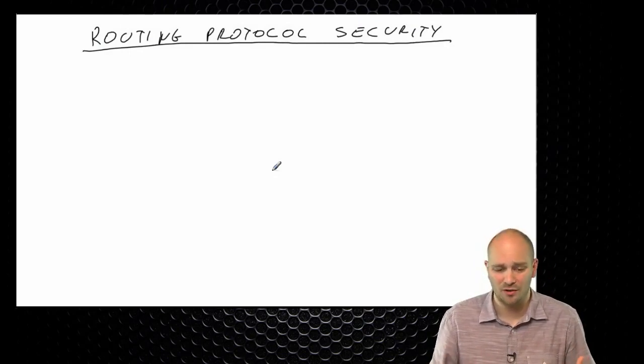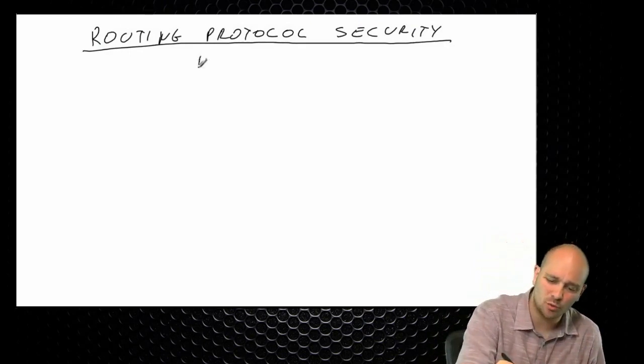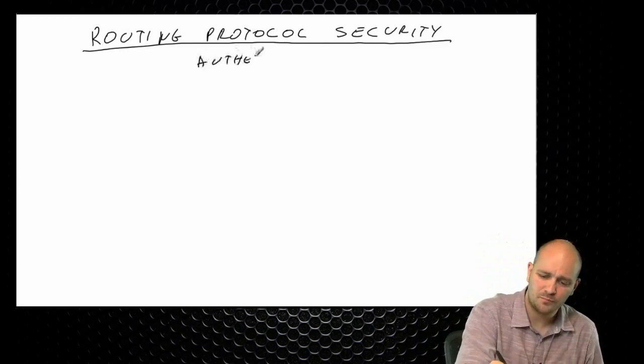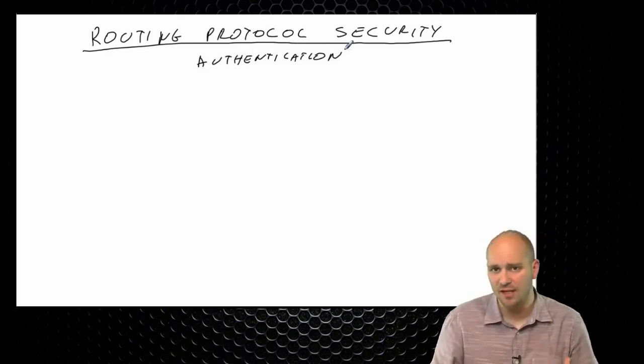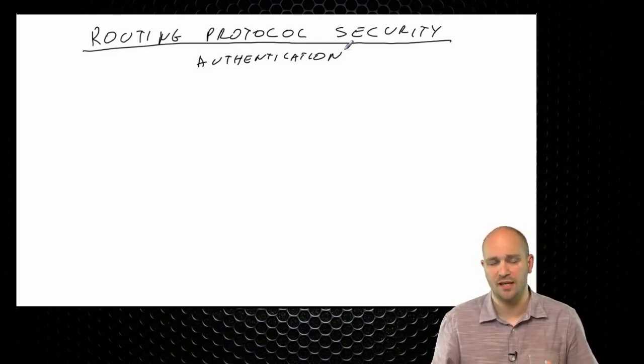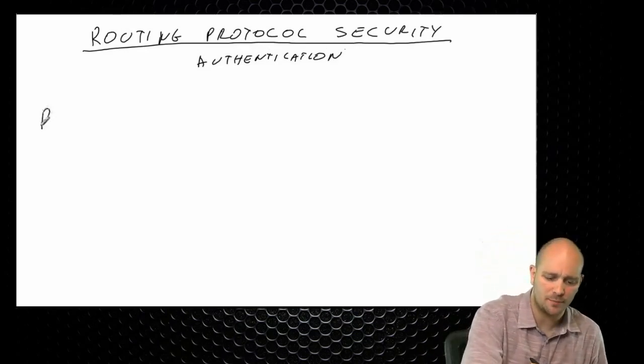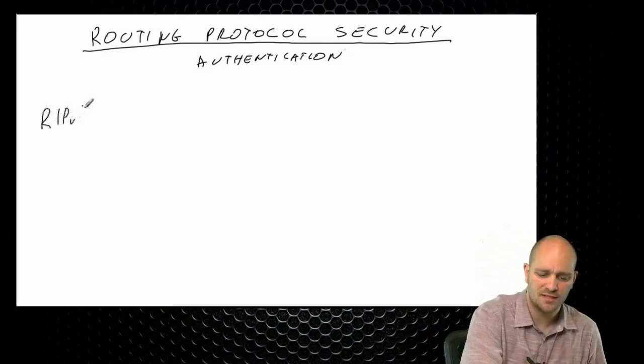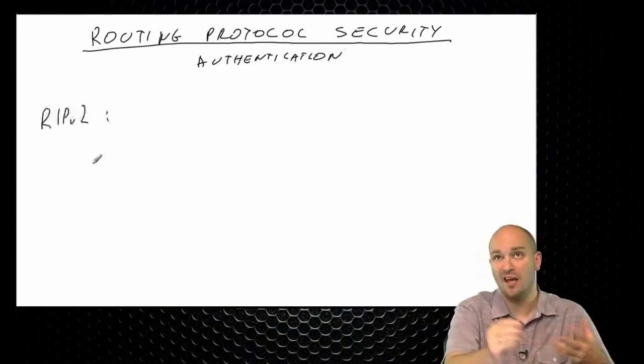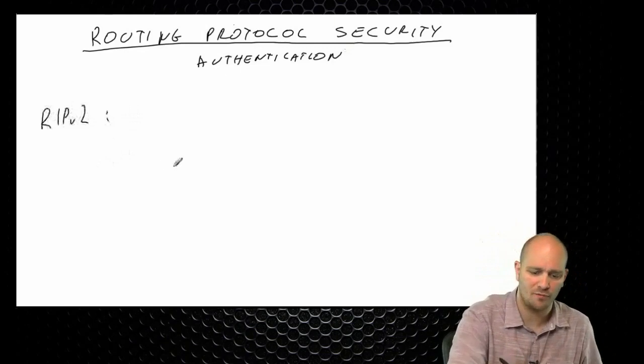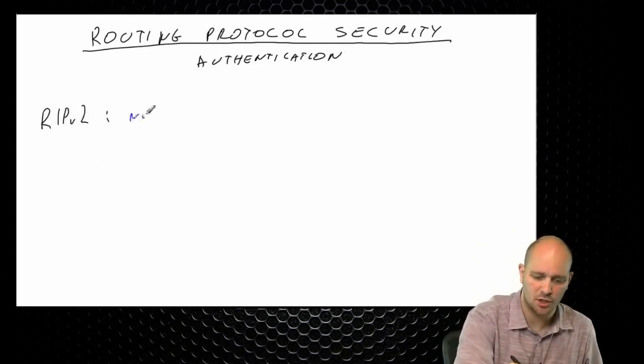So here I'm going to talk about authentication. Now, all routing protocols that you have in the lab support authentication in some way. For example, RIP version 2 supports three forms of authentication. It supports none, it supports plain text, and it supports MD5.